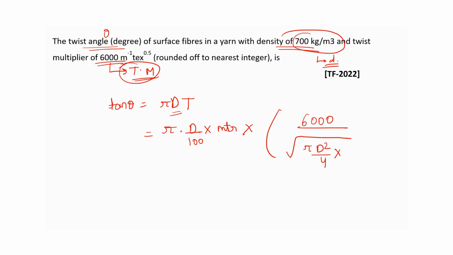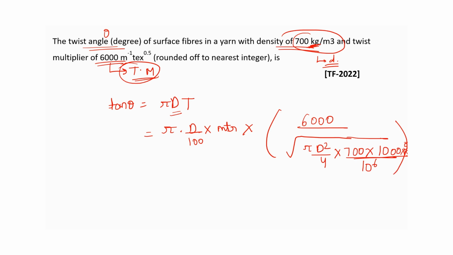The density is given as 700 kg per meter cube, but to keep all these things in centimeter, we convert to 1000 gram, with 10 to the power 5 into 10 to the power 5 upon 10 to the power 6.